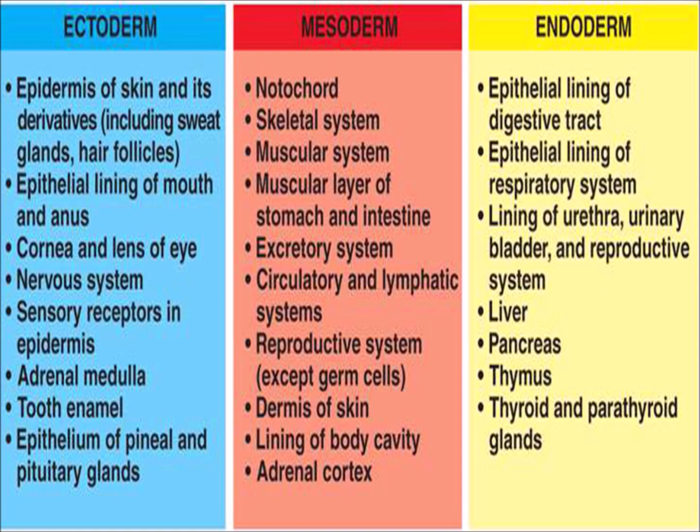From the endoderm: epithelial lining of digestive tract, epithelial lining of respiratory system, lining of urethra, urinary bladder and reproductive system, liver, pancreas, thymus, thyroid and parathyroid glands. From these slides, I think you know the concept of organogenesis.